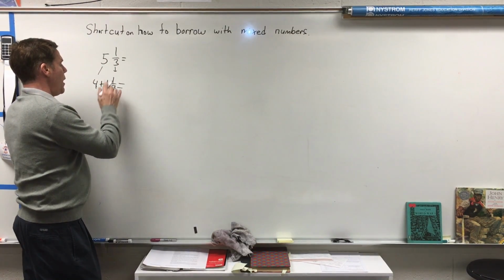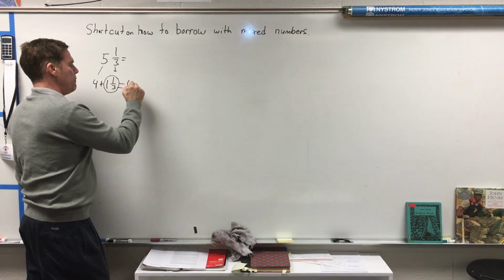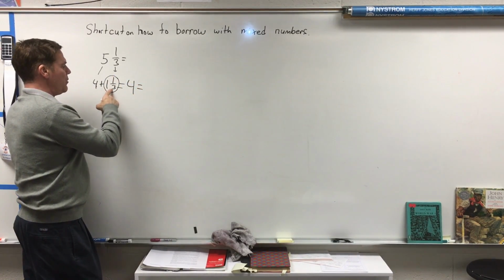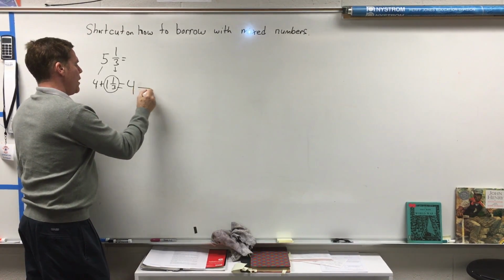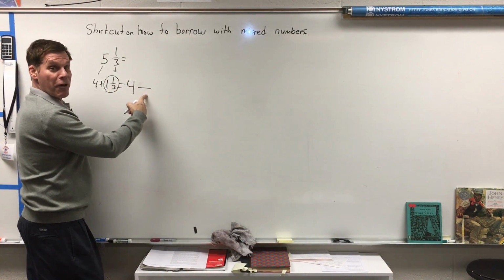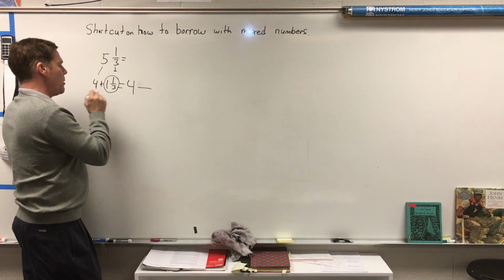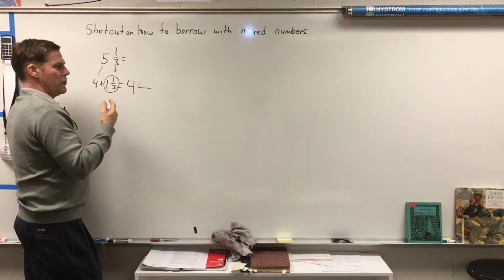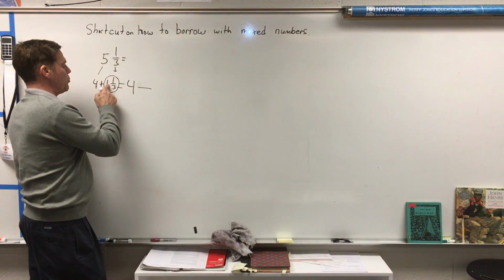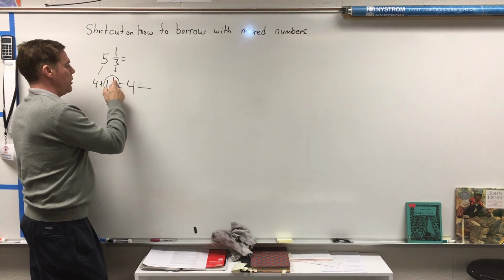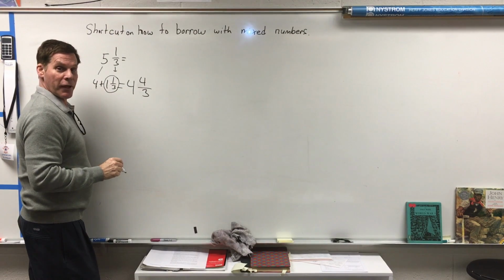I'm going to take this part, so I'm going to go ahead and write the 4 down. I'm going to change this into an improper fraction, which means the numerator is bigger than the denominator. Some of you may have remembered from 4th grade, 3 times 1 is 3, plus 1 is 4, and we keep our denominator.